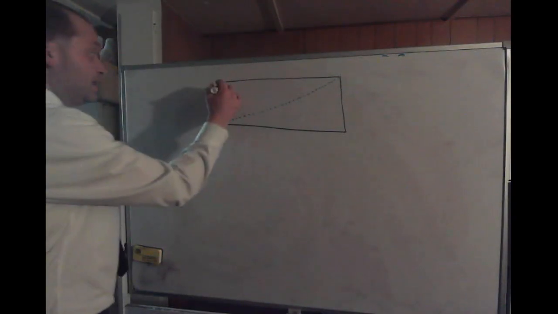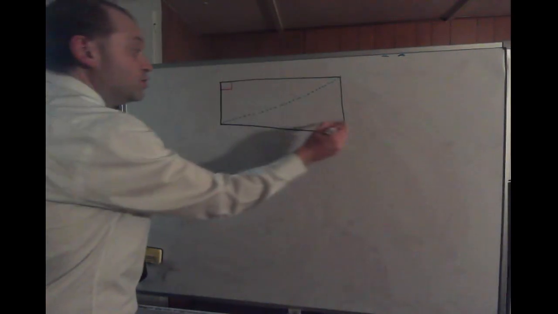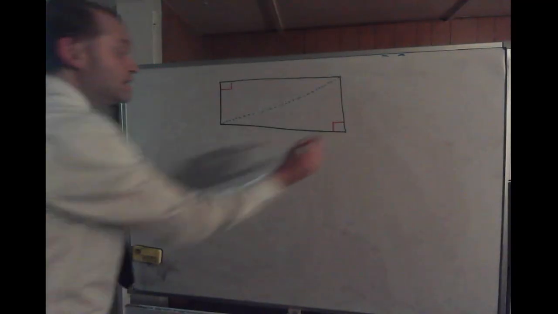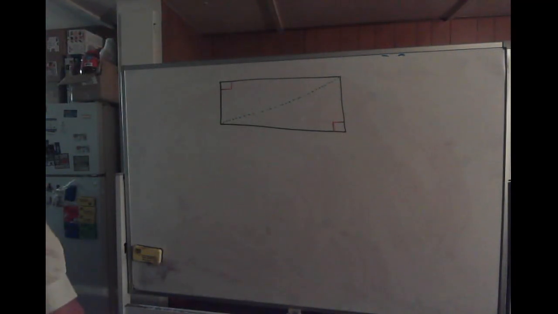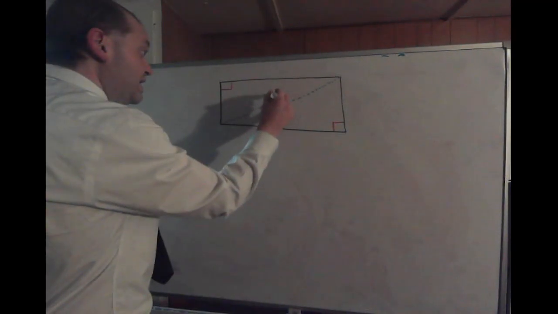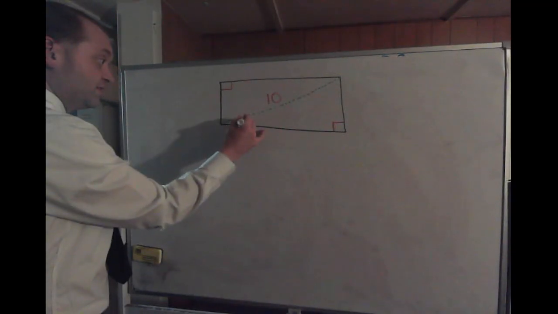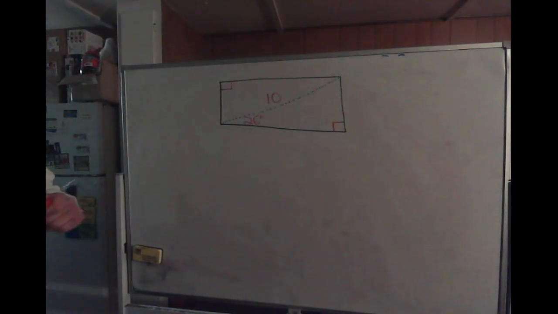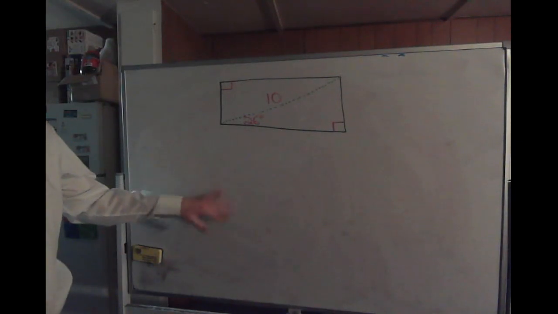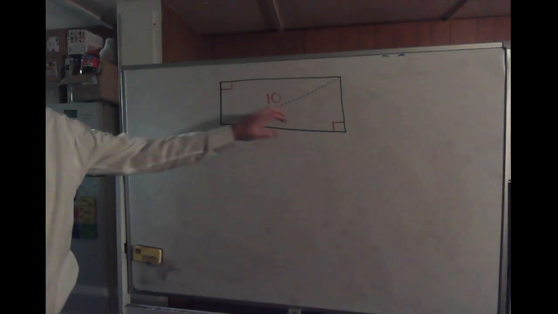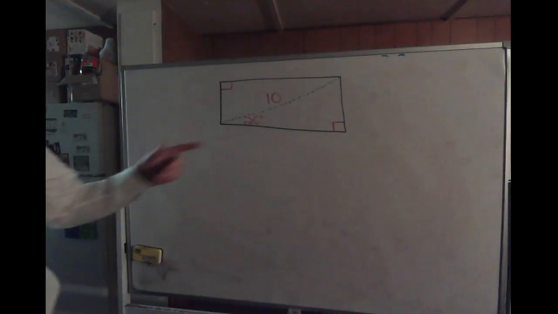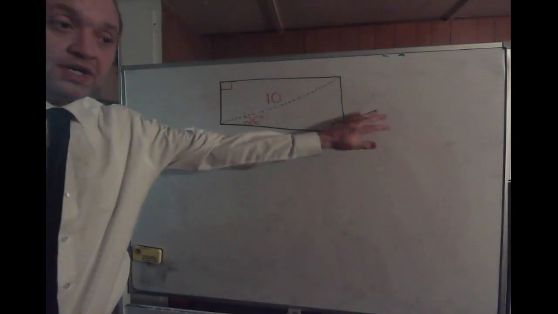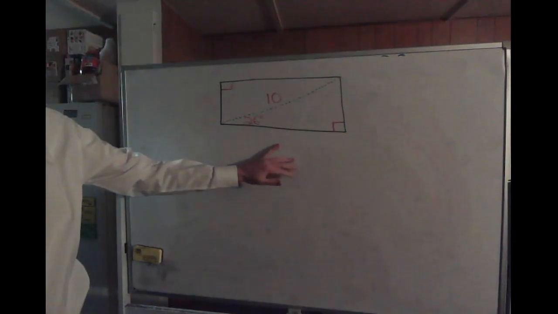Of course, I'm going to denote that these are rectangles, which will split this rectangle into 2 right triangles. They also give us that the length of the hypotenuse is 10. Then they give us an angle of the right triangle being 26 degrees. Ultimately, we want to solve for the area of the rectangle, but we don't know either the base or the height of this rectangle, which are the legs of this right triangle.